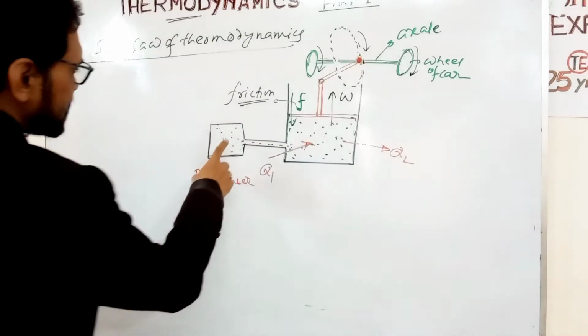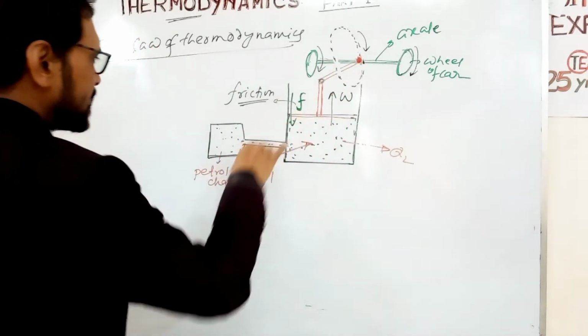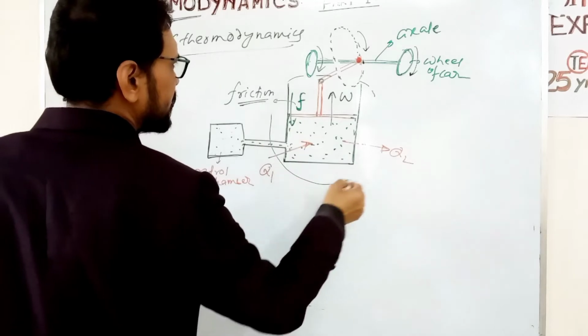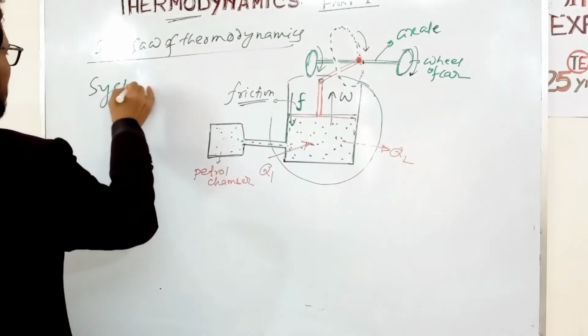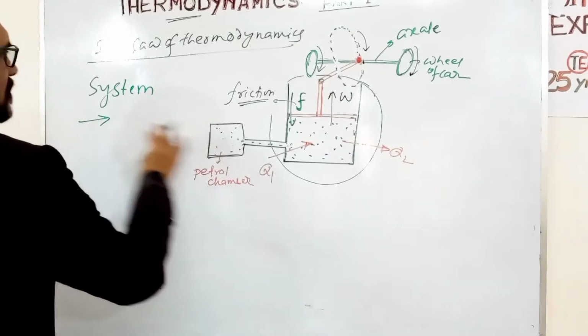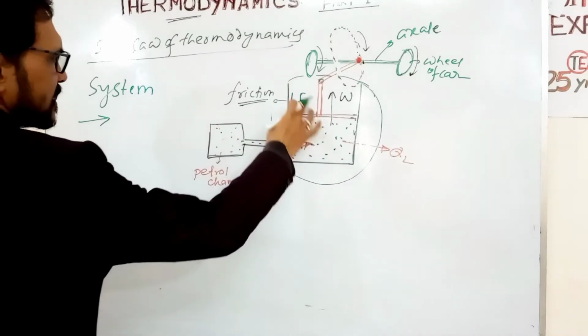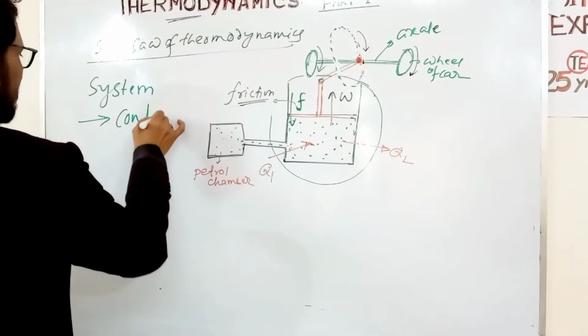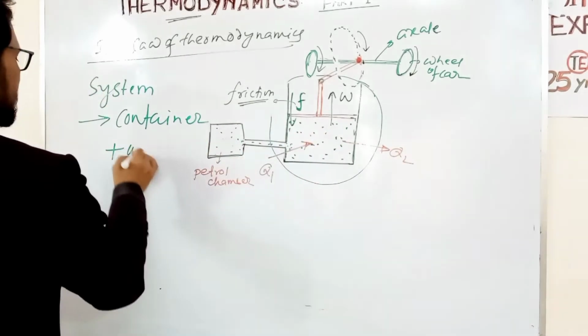I have already discussed how heat produces the motion of the car through a mechanism. Now this is a system. What is a system? A system contains a container plus working substance. Here gas is the working substance.